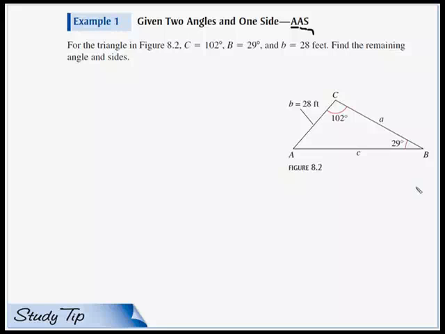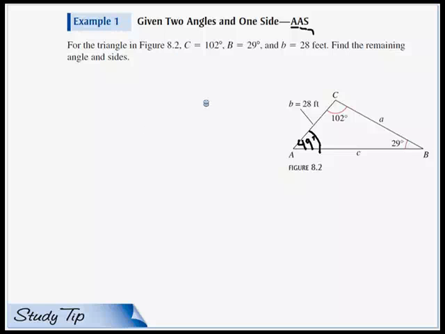Well, the easiest place to start is going to be to find angle A. If we take 180 degrees in a whole triangle, and we subtract the two angles we have, minus 102 and minus 29, we figure out that angle A is equal to 49 degrees. So angle A is 49.